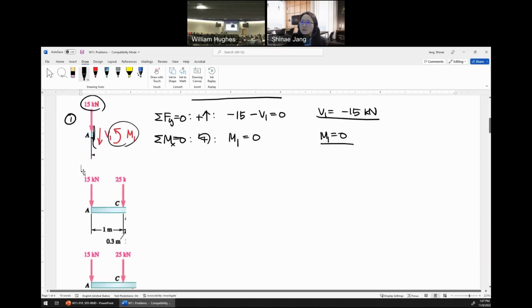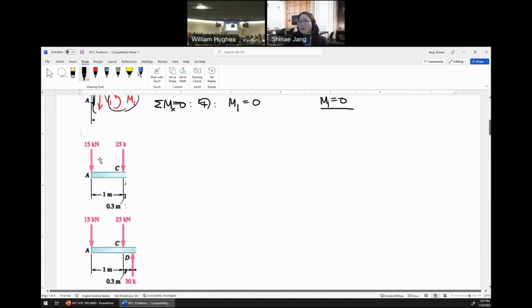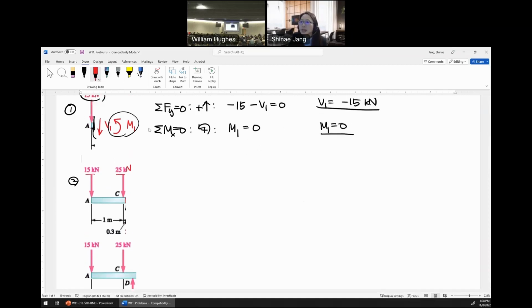So we found these two already, and then we can keep going for another 3 sections, right? Okay, so the second section, we have 15 kilonewton and 25 kilonewton here, and then this is the cut section, right? We add the same direction with different variables, V2 and M2.